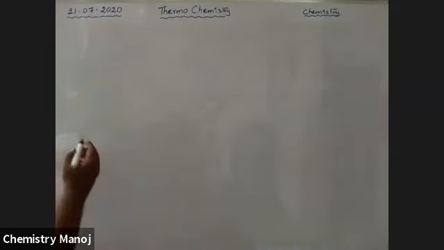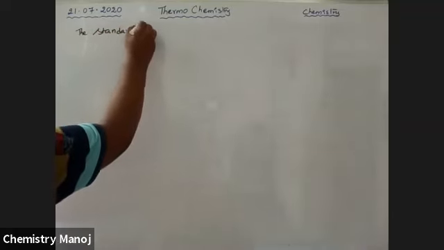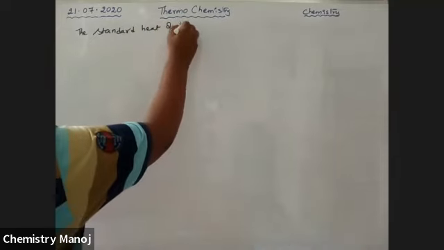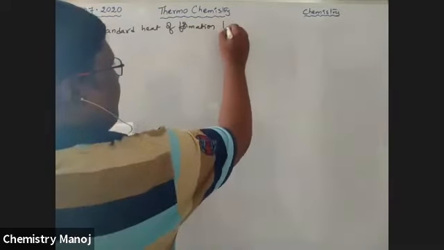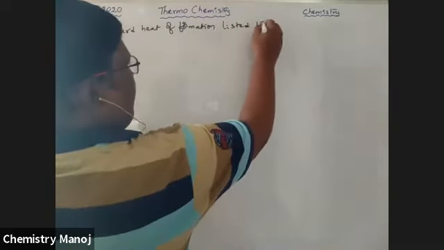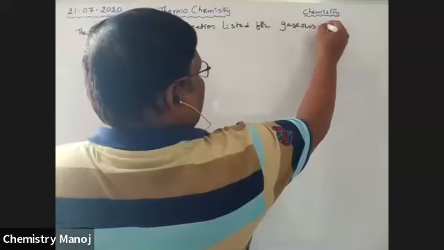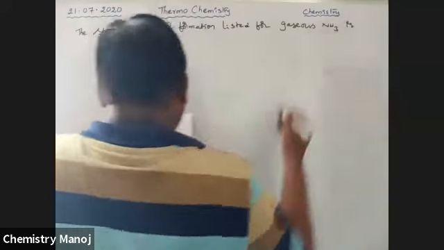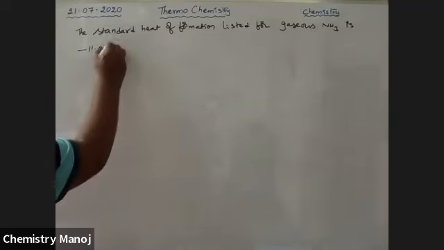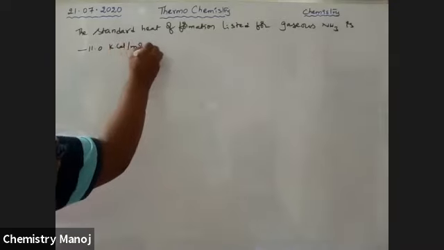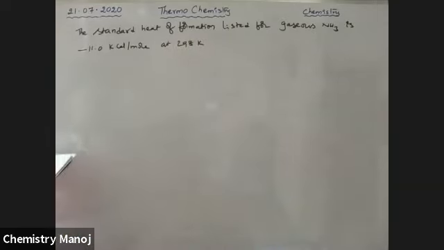The standard heat of formation listed for gaseous ammonia is minus 11.0 kilocalorie per mole at 298 Kelvin.